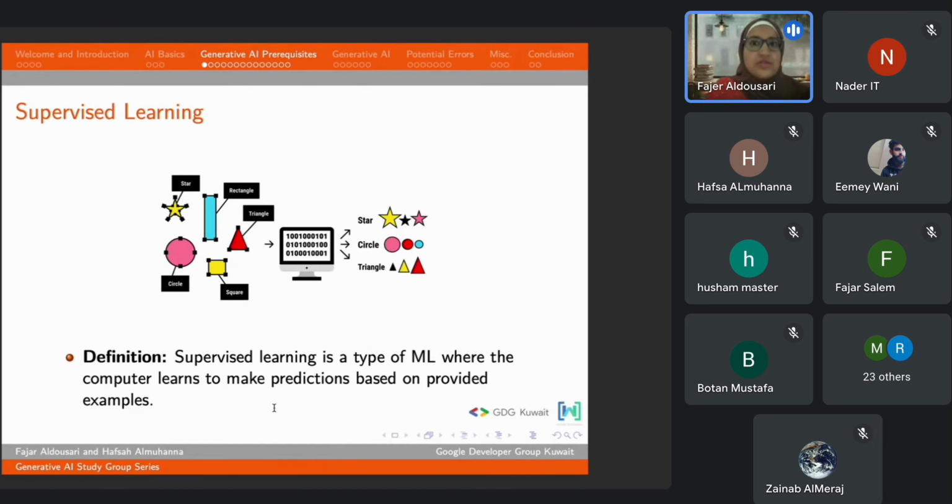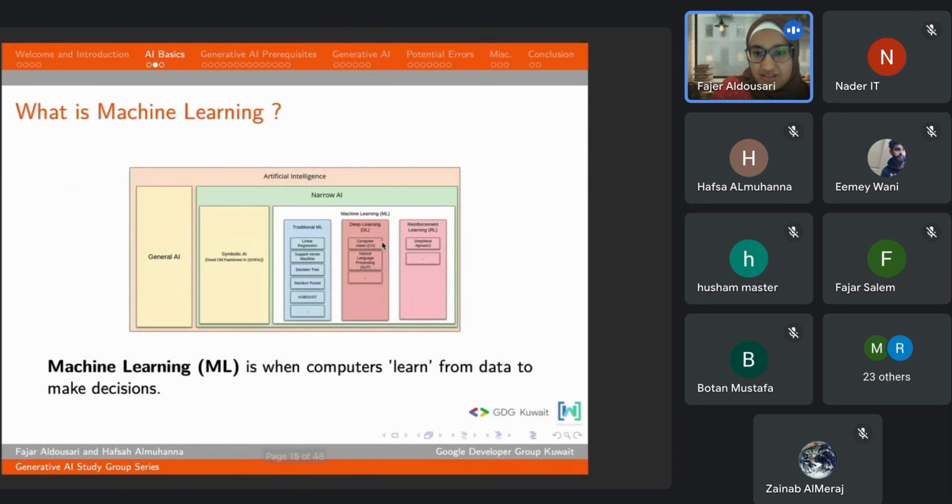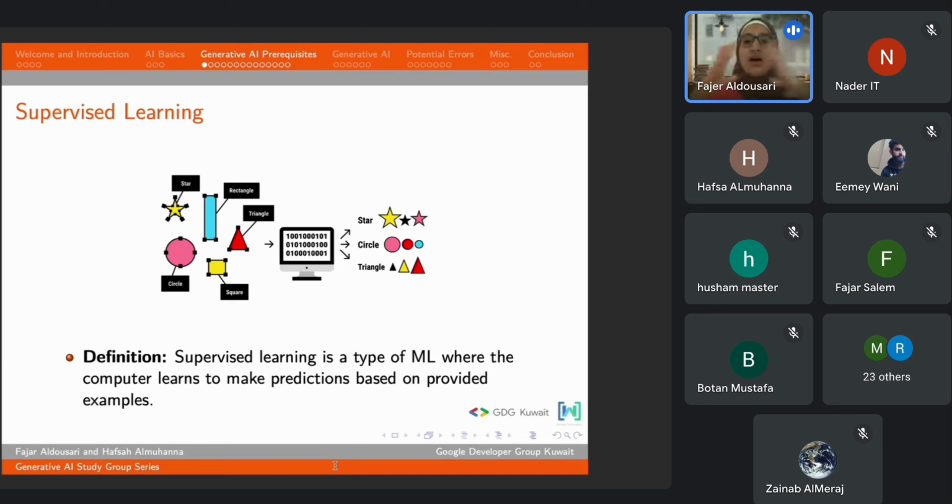So that brings us to two forms of learning within machine learning. Supervised learning is when you take labeled data and input it into your machine learning program.